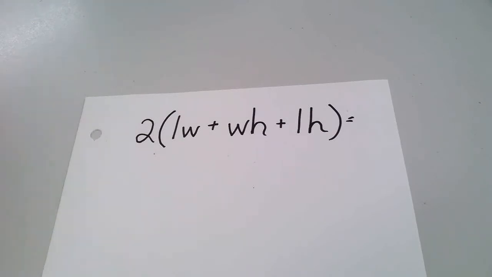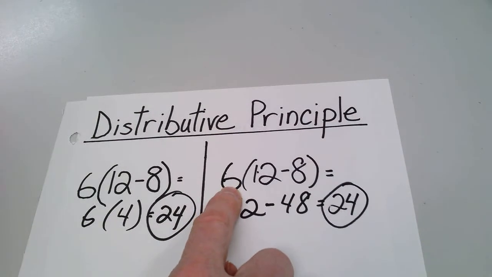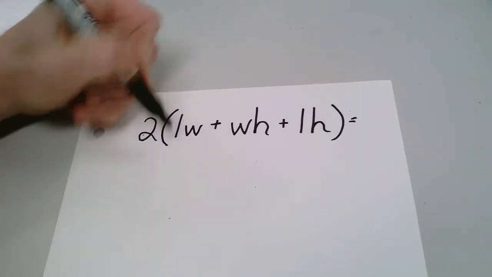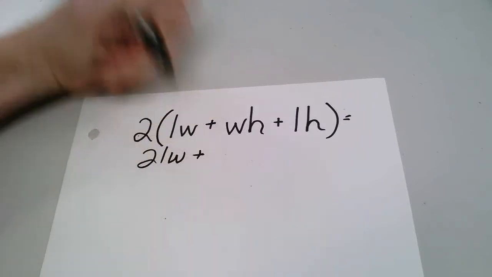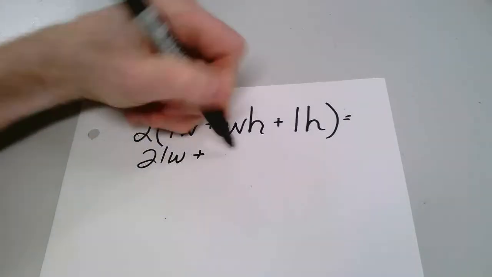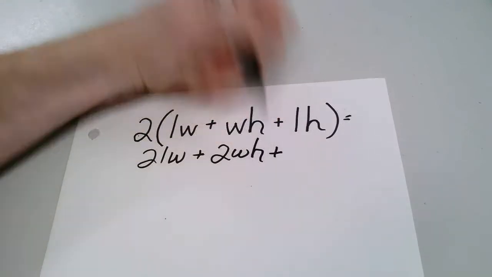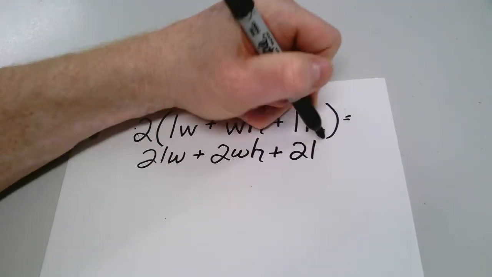So as we saw in here, where you can actually take the number outside the brackets, multiply it by the first one, then multiply it by the second one, we can do that here as well. 2 times LW is 2LW, plus 2 times WH is 2WH, plus 2 times LH is 2LH.